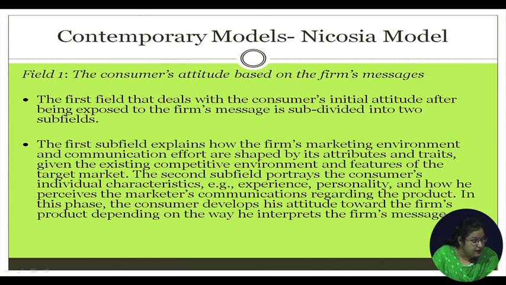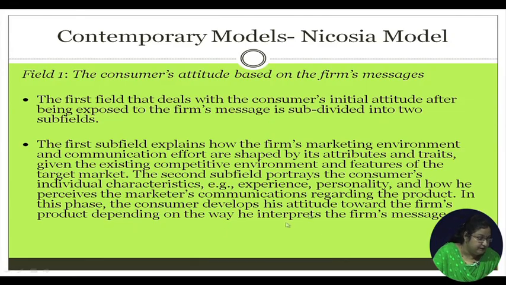Now, the second subfield is the customer's individual attitude, like their own experience about wedding jewelry, their own personality, what kind of wedding jewelry they like. They may like platinum jewelry because they want to portray themselves, they have more of an esteem need, and they have more income also. So, they think that they will buy more platinum jewelry, or some people may focus on diamond jewelry.